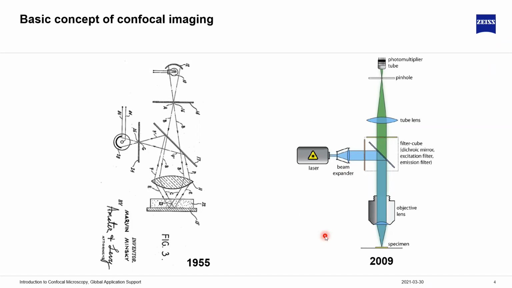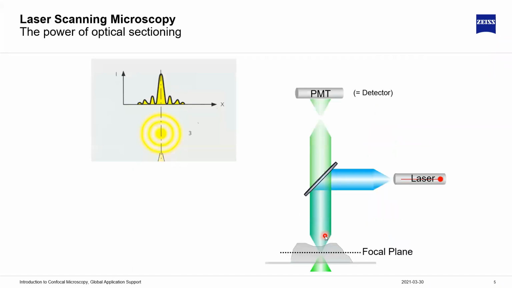So how is this optical sectioning working at all? If you have a light source, in our case a laser, and you want to image your sample, the light from the laser will go through several optical components or optical hardware in your system, will be led to your sample, and then the light from your sample, independent of where the light comes from, will go back to your microscope and to some sort of detector.